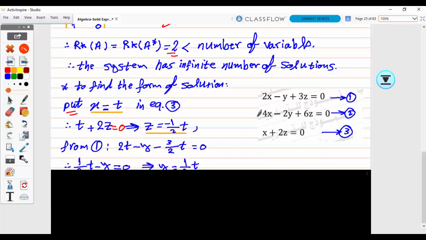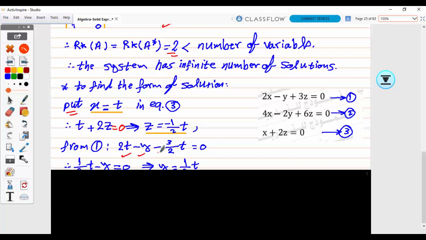So substitute x equals t and z equals negative half t in equation 1. So we write from equation 1: 2t minus y minus 3 over 2 t equals 0. Again, what is the value of x? It's t. 2 multiply t equals 2t. Minus y, it is the required.